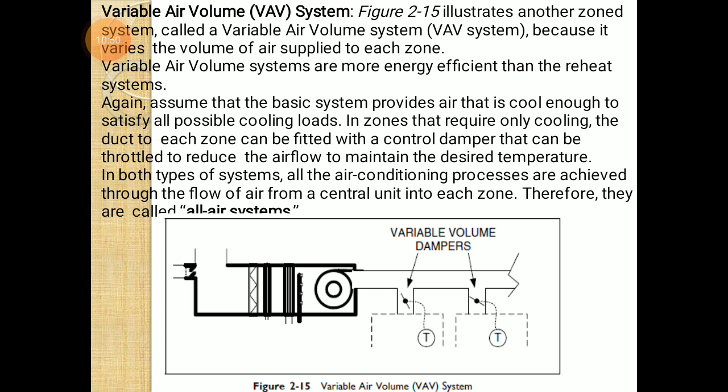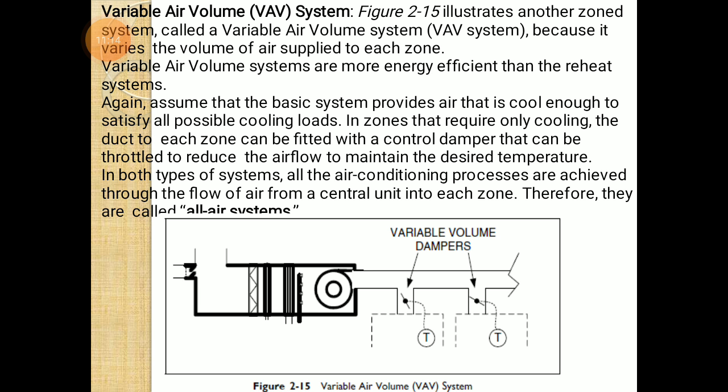So this is the variable air volume system. This figure shows a variable air volume system, in which the volume of air supplied to each zone is varied. Variable air volume systems are more energy efficient than a reheat system.